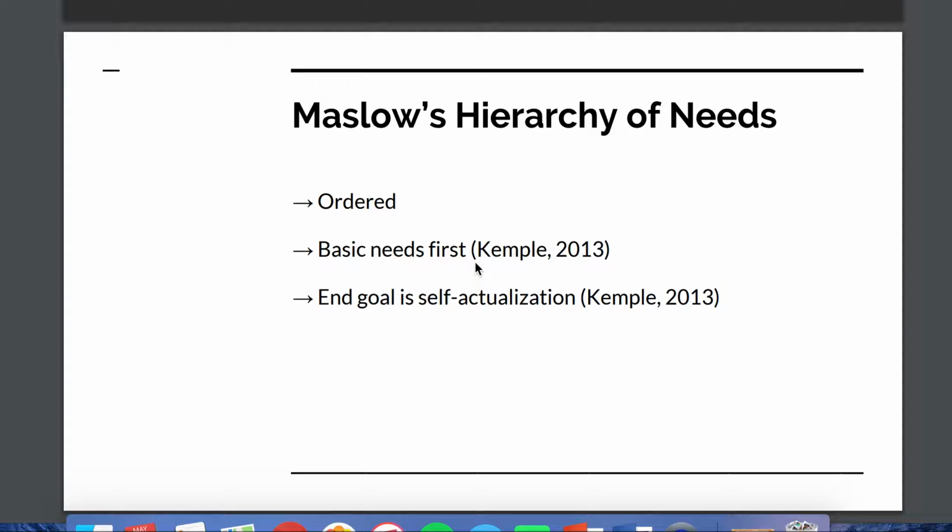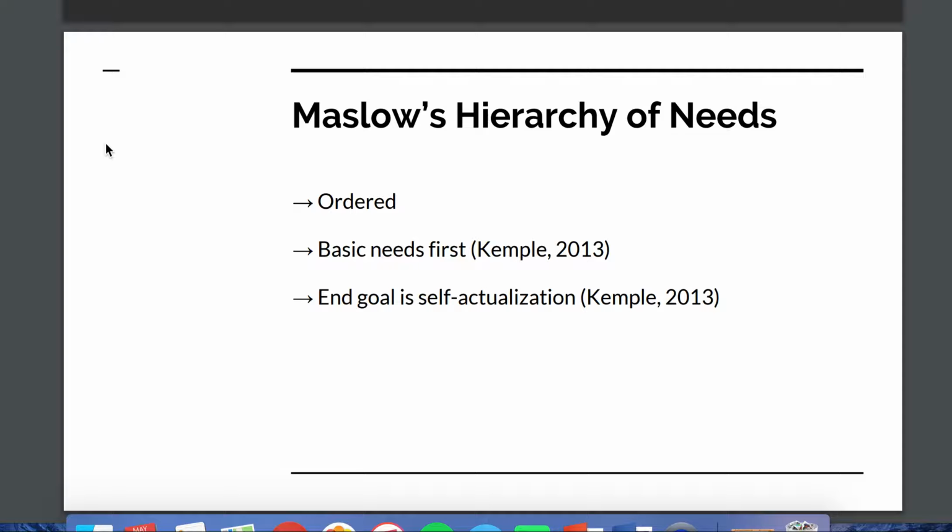First, Maslow's hierarchy of needs is a theory developed by Mr. Maslow, and he ordered our basic needs. In the textbook I read about, Maslow suggested that we go through certain things in life, and we have to get our basic needs met before we can feel good about ourselves and before we can get into a higher level of functioning.